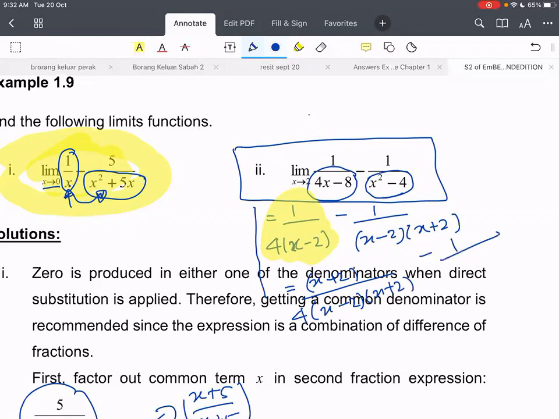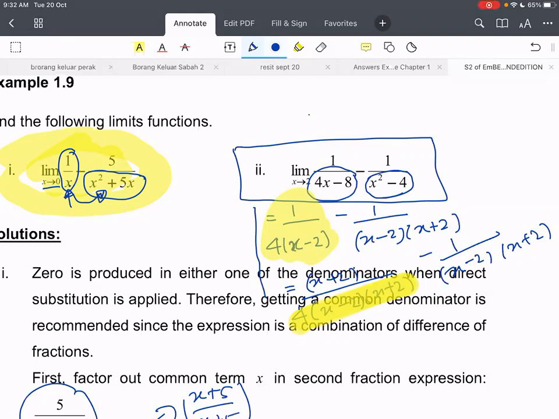So that the denominator here will be the same as the second term here, (x minus 2)(x plus 2). So once the denominator, okay, I forgot about this one. We also have 4 here. So what we need to do with 4?